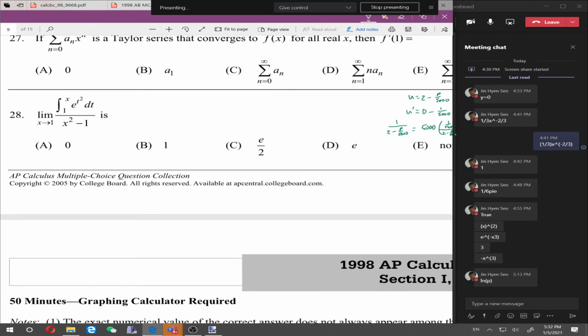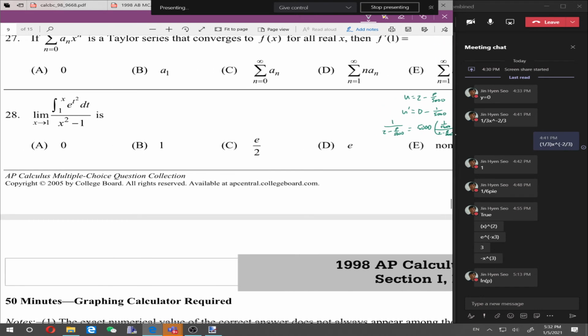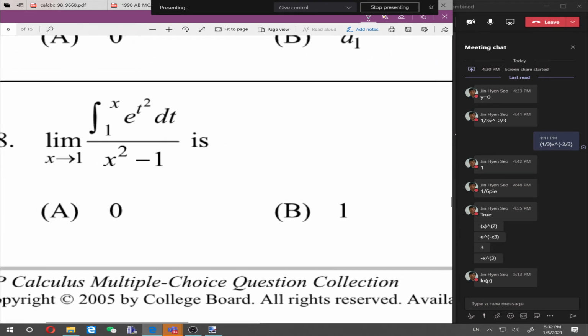Alright, we'll try one more. So, for 28, I think this one can work for AB as well. So for 28, I want to take the limit as x approaches 1 for this one.